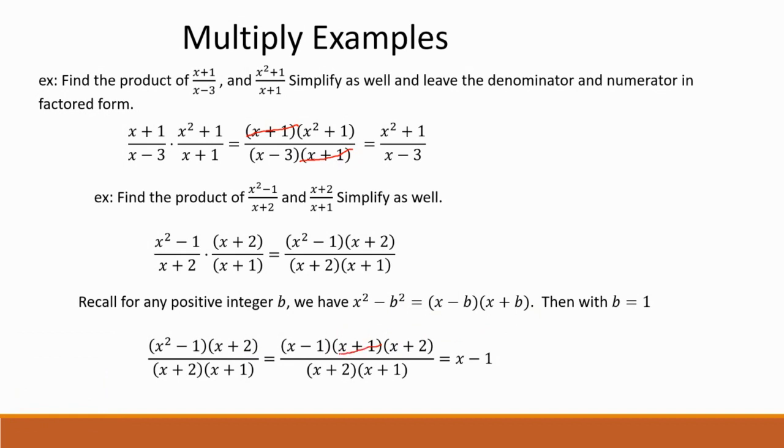We get x plus 1 cancels with x plus 1, and x plus 2 cancels with x plus 2. Okay? And so from here we get x minus 1. And that's this example. All right. Are there any questions about this one? Really hope it's making sense.